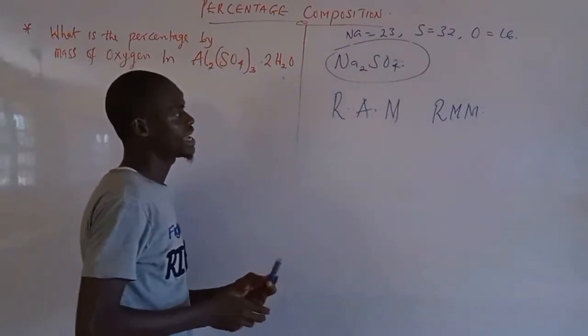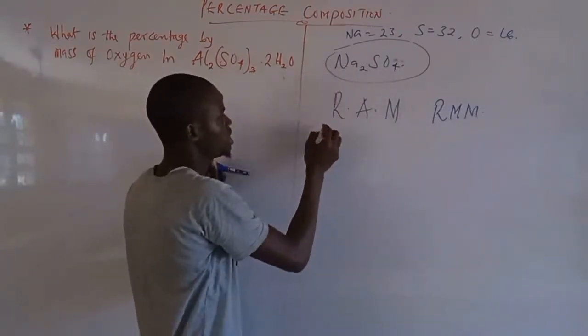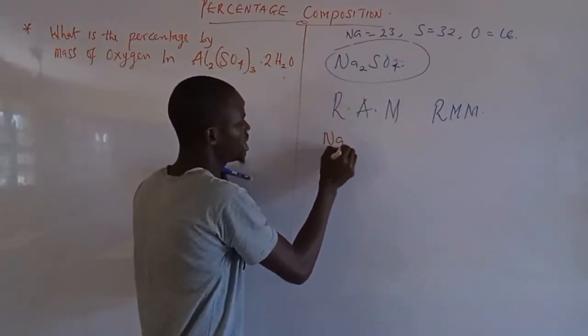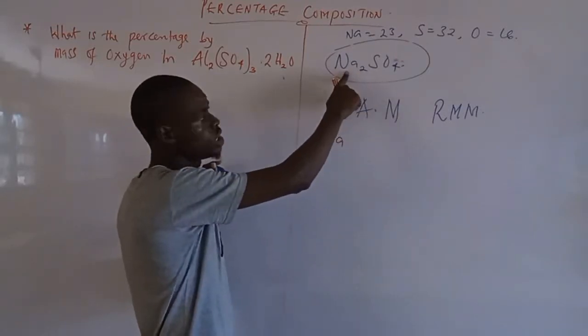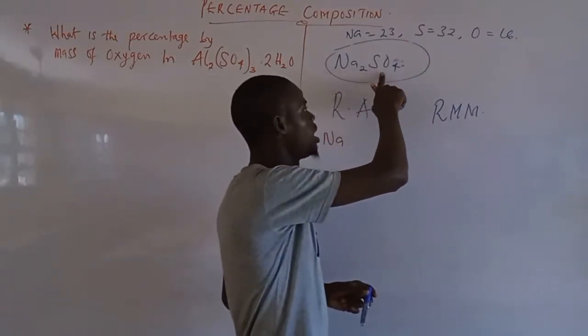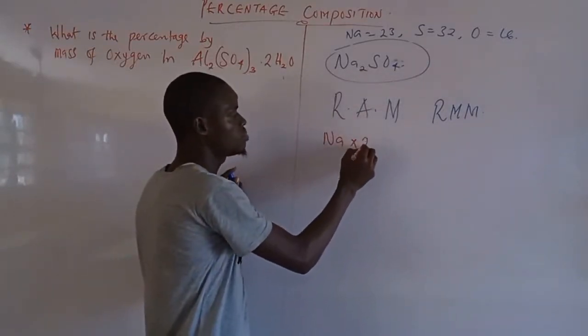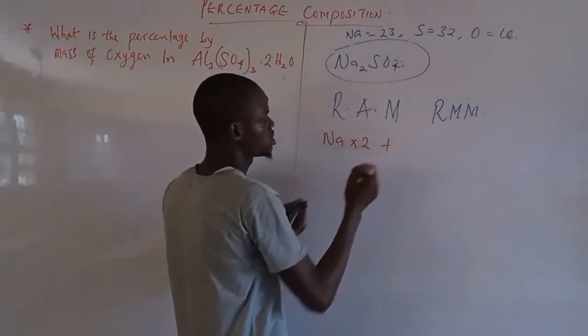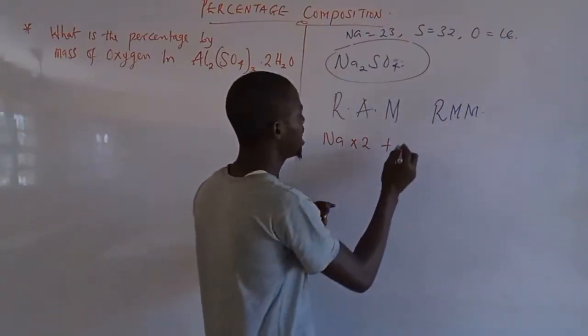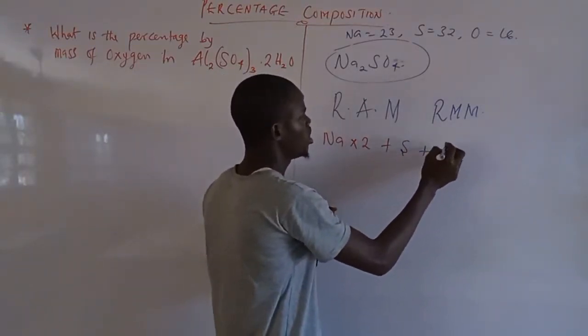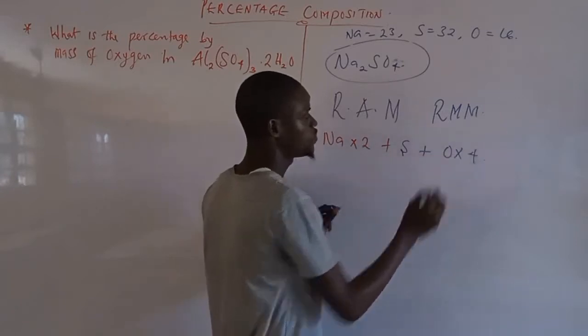From here, I can go like this. Sodium is Na. We have 2 atoms of sodium, 1 atom of sulfur, and 4 atoms of oxygen. So sodium multiplied by 2, plus sulfur S, plus oxygen multiplied by 4.